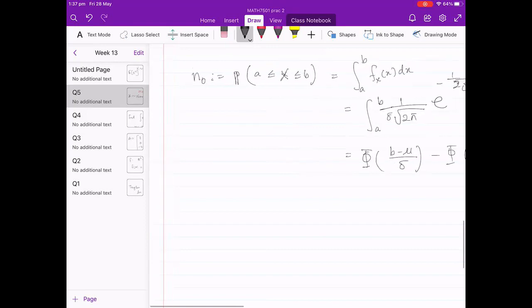Okay. Starting with that, we have m_k, which is equal to the integral from A to B of x to the power k, because remember m_k is the expected value of X to the k.